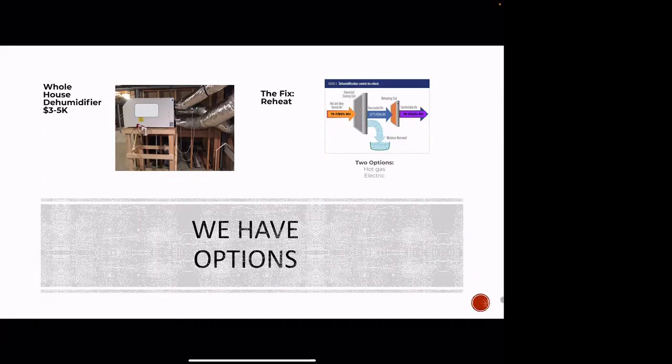The other option is if we have a total electric system with like an Infinity 5-stage or modulating unit, new Greenspeed, we can actually use reheat to reheat that air to dry out that moisture and pull it out of the airstream. So we have a couple different options here. Now with reheat, you have hot gas as well. We typically will not see nor install that.